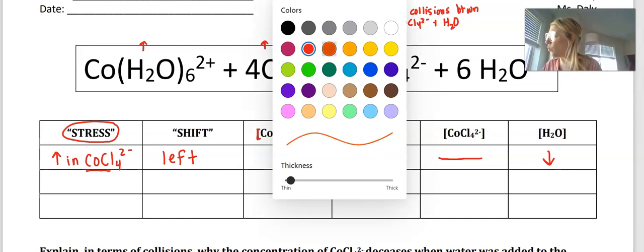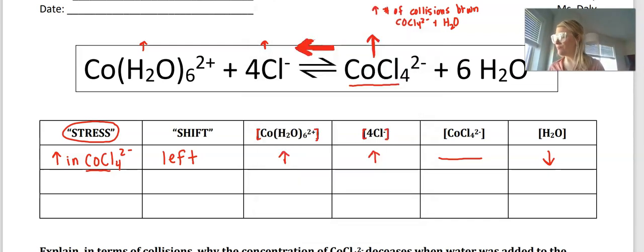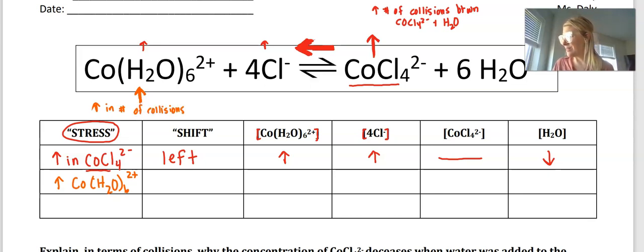Okay. What happens then? Let's do a different one. What happens if I increase the amount of Co(H2O)6 2+? Now I've increased my concentration of my cobalt water 6 2+ ion, which is going to create an increase in the number of collisions between Cl- and Co(H2O)6 2+.